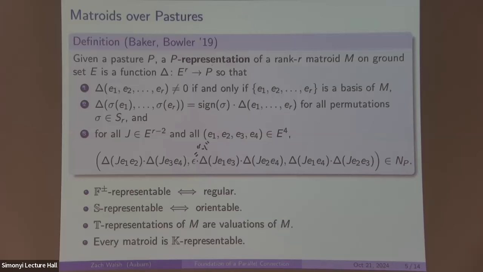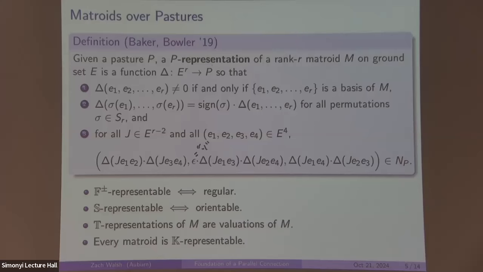And I should mention that if you have a matrix representing a matroid, you can do row scaling, row operations, and column scaling, and still have the same associated matroid. You can also do those operations directly from this function here. How does this sign here work?